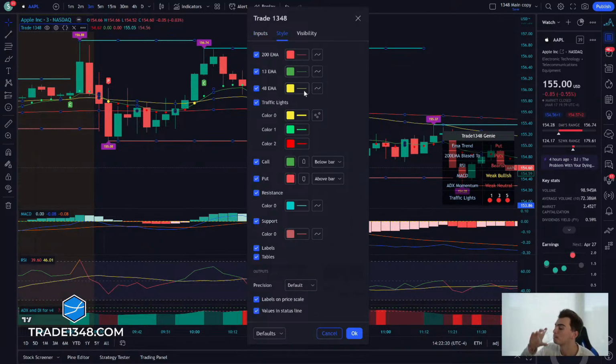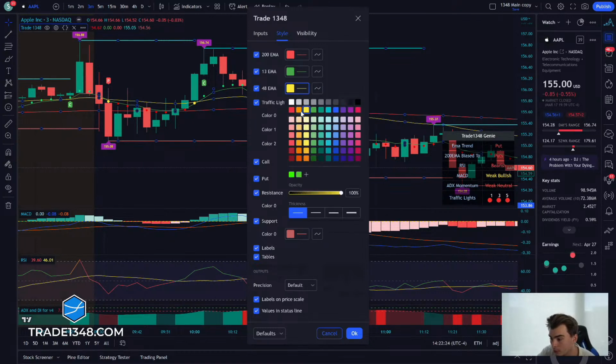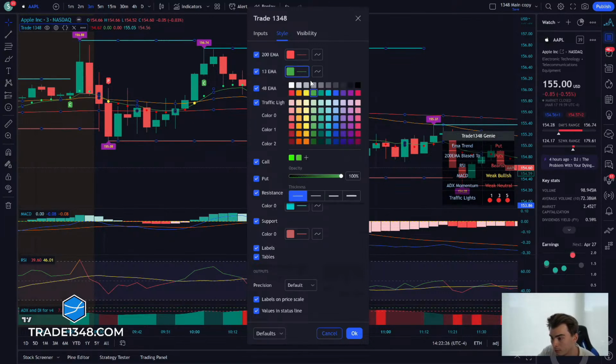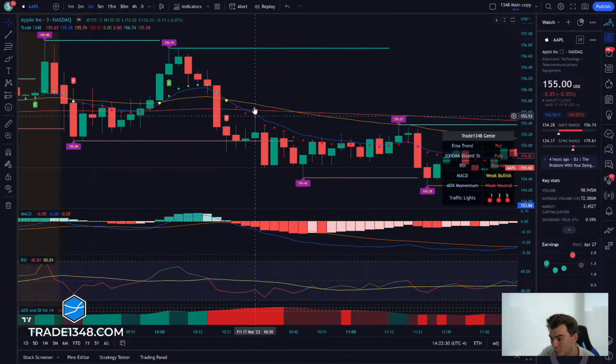We're gonna give the 48 EMA orange, and the 13 EMA, we're gonna make blue. All right, so here we go. What we're looking at, guys, is the blue value and the traffic light value, right? That's what we're looking at.